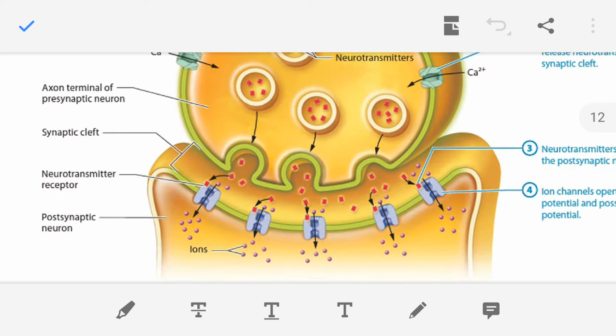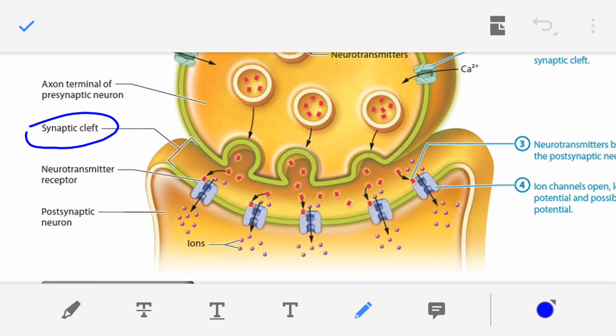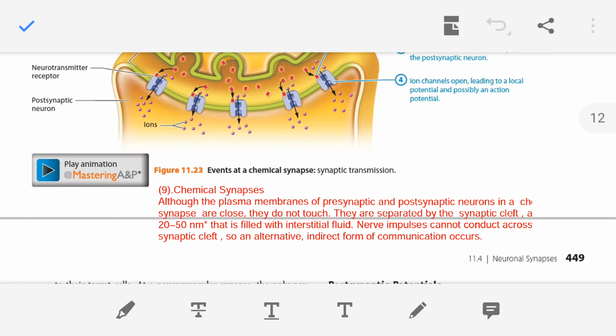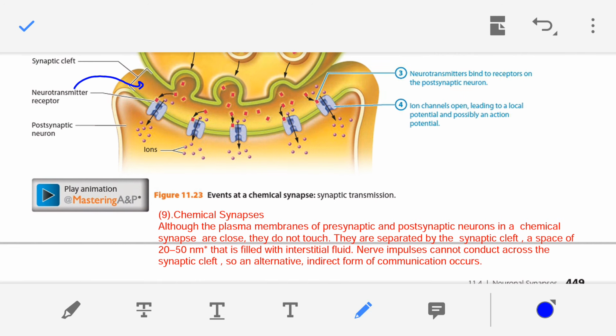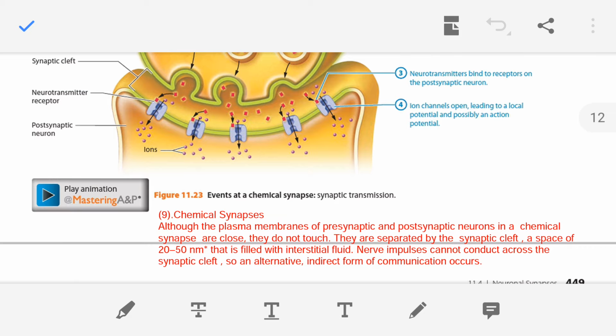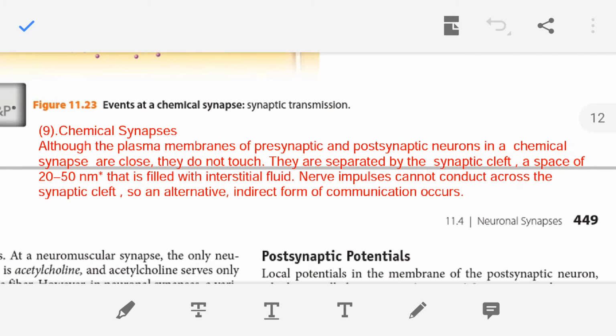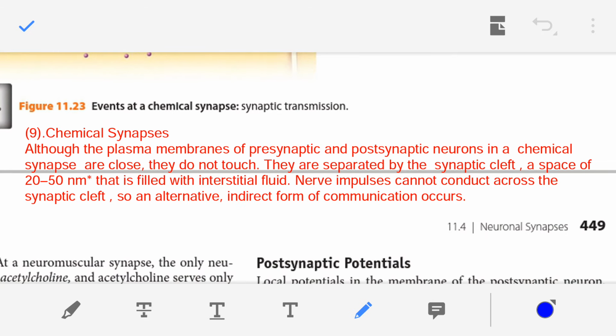And this distance between the presynaptic and postsynaptic neuron is known as the synaptic cleft. Interstitial fluid is present in this synaptic cleft. Now the nerve impulse cannot conduct across the synaptic cleft.